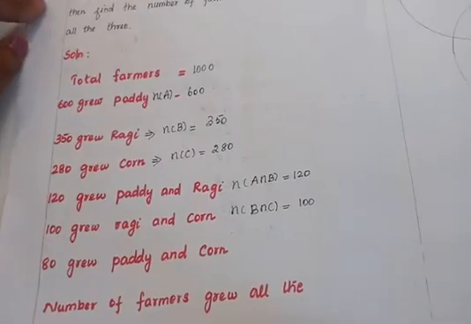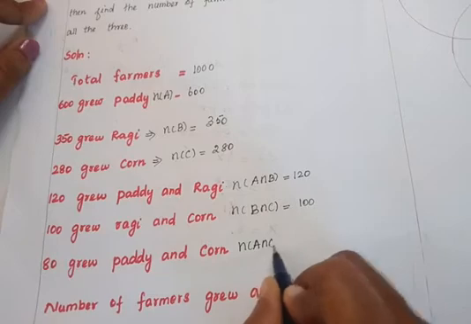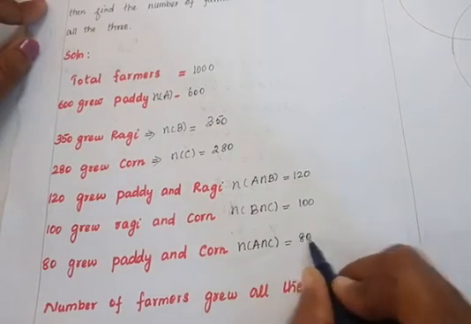And 80 grew paddy and corn, that is n(A ∩ C) = 80.